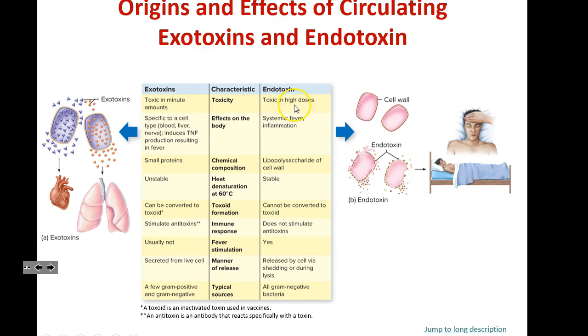Endotoxins are toxic in high doses. Exotoxins are specific to a cell type: blood, liver, nerve. Endotoxins induce TNF production resulting in fever. They have characteristic effects on the body, and an endotoxin's effect is systemic fever and inflammation.